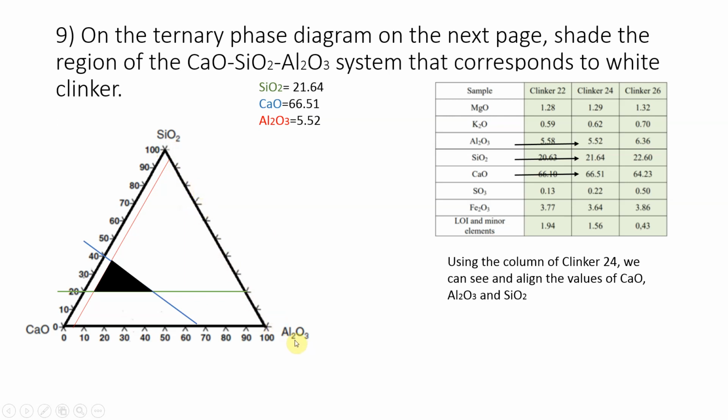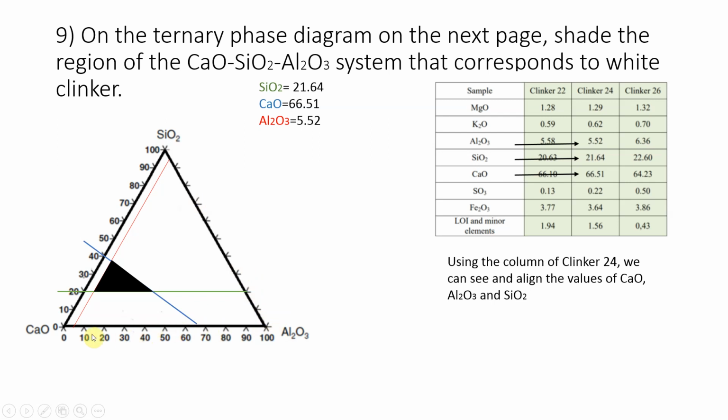La2O3 is the opposite. We go from 100 at the bottom to 0 at the top, but we read backwards. So this is 90, 80, 70, and so on.